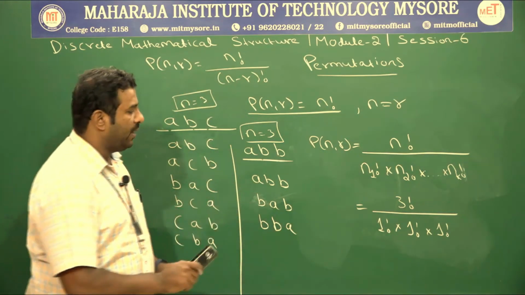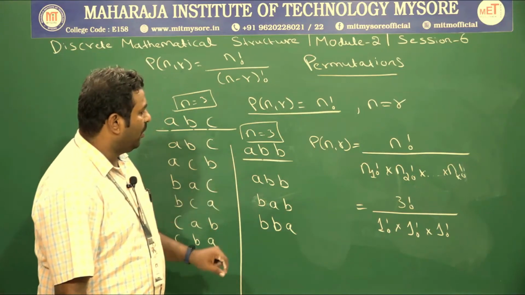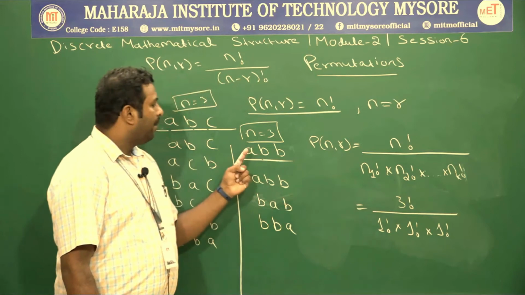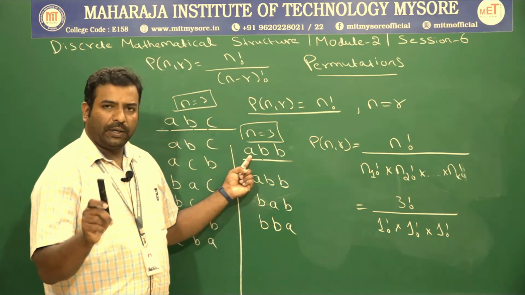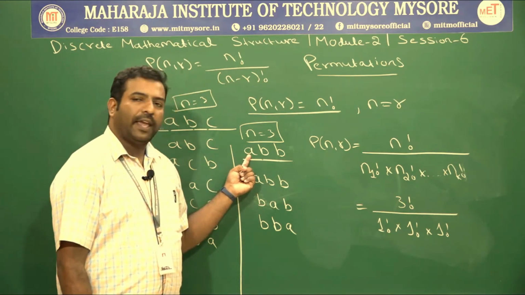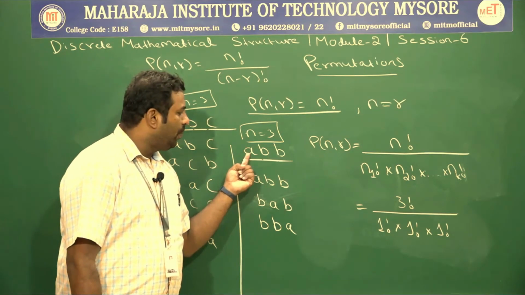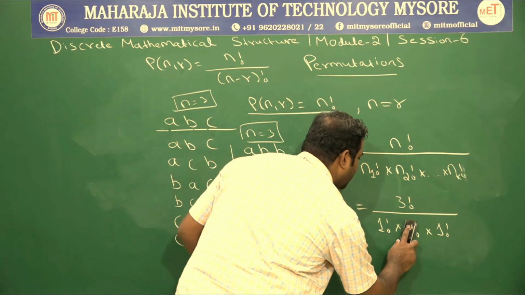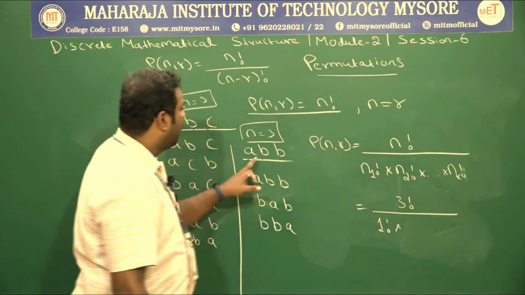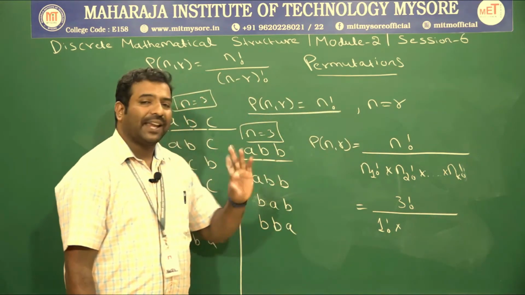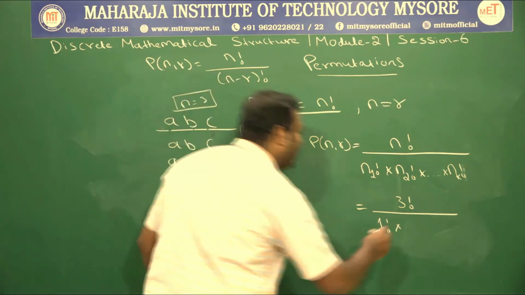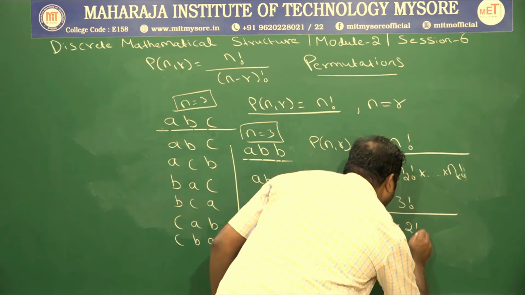But now where it matters, just look at this now. I have got 3 objects, n equals 3. But now the type A object is going to be of only 1. Hence the count is 1. Hence so stay at 1 factorial. But look at B now. The second type has got 2 objects. Hence this should be 2 factorial.